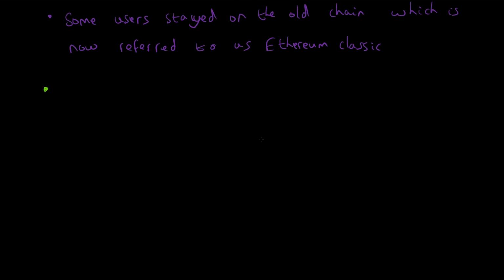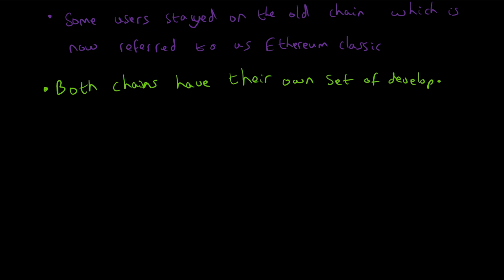Both chains have their own set of developers. So it's not managed by the same team or the same group of teams. They do have their own developers because they have certain mindsets.